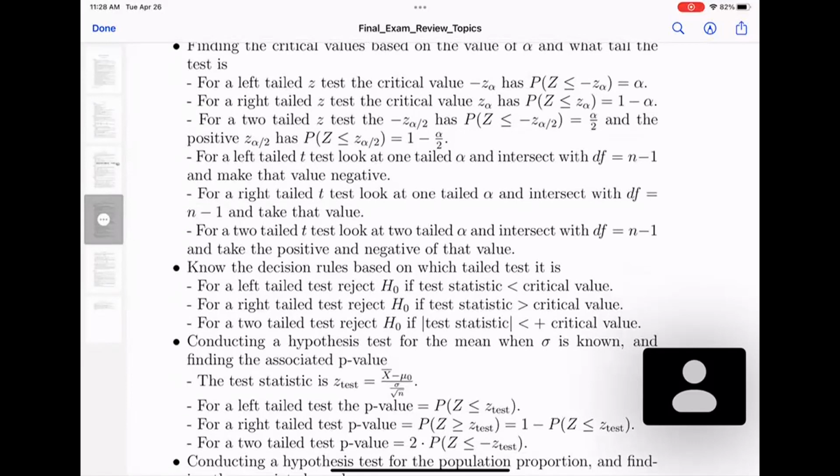Then for a right-tailed test, the critical Z value, denoted Z alpha, has the property that the probability of Z being less than or equal to Z alpha is 1 minus alpha, or equivalently, the probability of Z being greater than or equal to Z alpha is what? Alpha. It's just saying that the area in the right-hand tail is alpha.